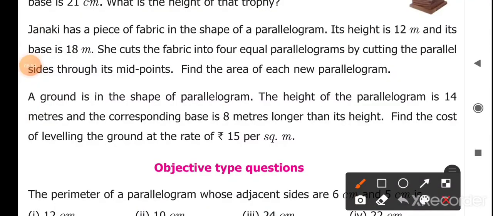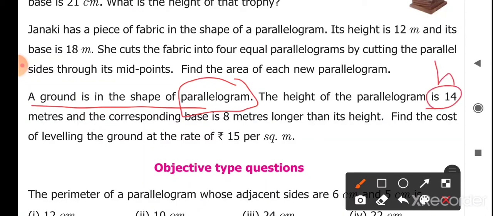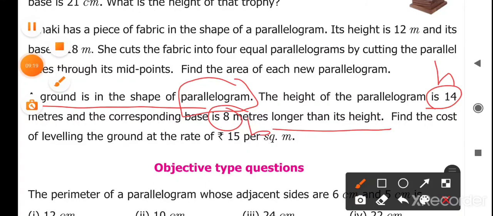Question number 5. A ground in the shape of a parallelogram. The height of the parallelogram is 14 meters and the corresponding base is 8 meters longer than its height. It's very important, the base is longer than the height.